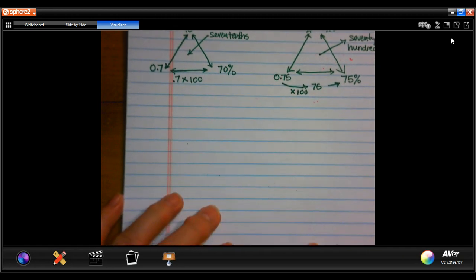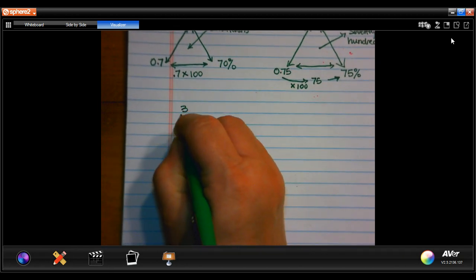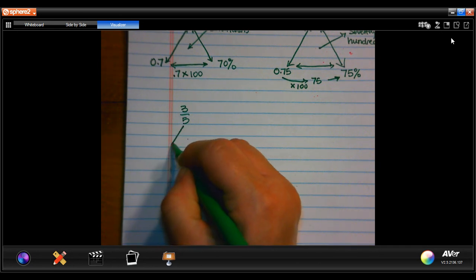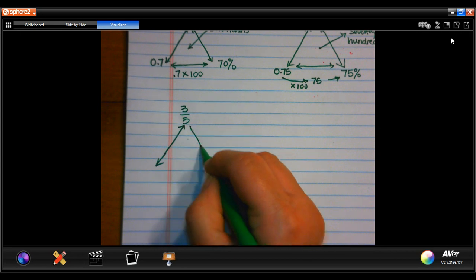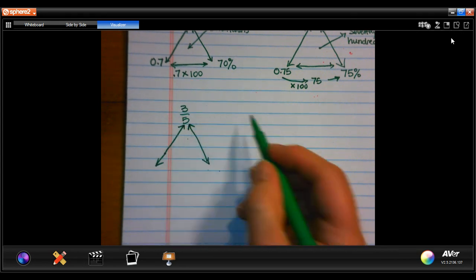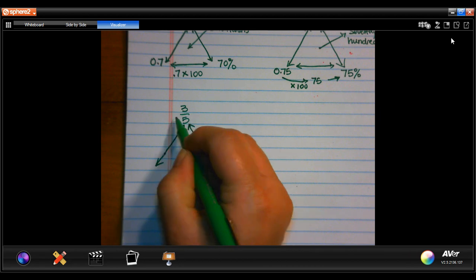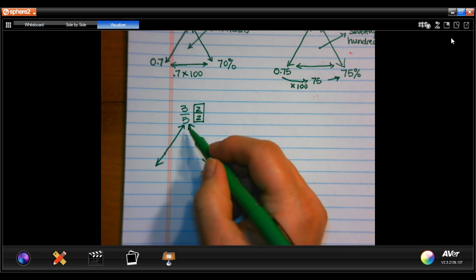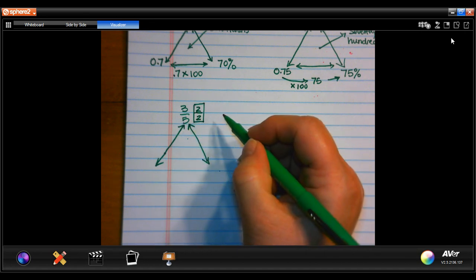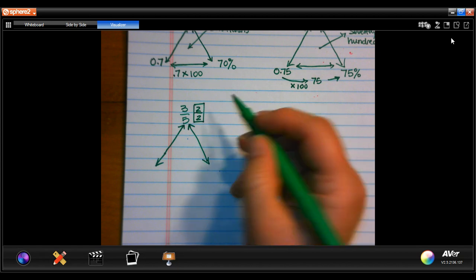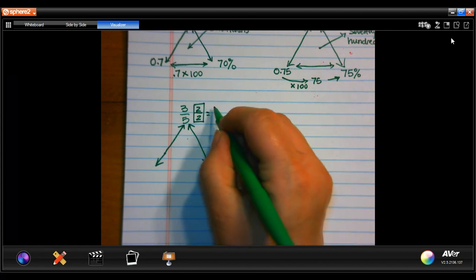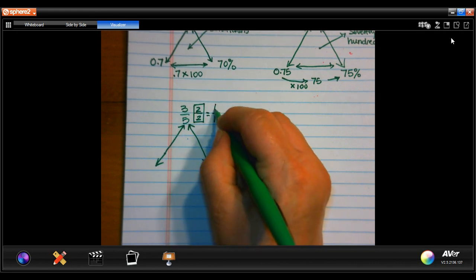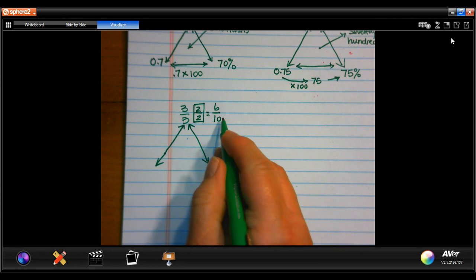All right, and now I'm going to move down and I'm going to do the 3/5 for you. And for 3/5, pretty quick for us to do this one. Really love using my giant 1 to change this into a number that has 10, 100, or 1,000 in the bottom so that I can make it into my decimal pretty easily. 5 times 2 is 10. 3 times 2 is 6. 6/10 would be one way to write my fraction.